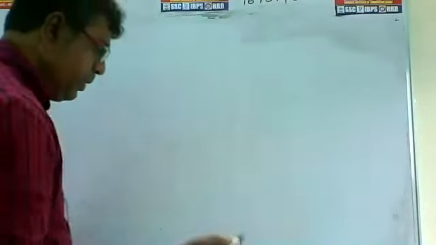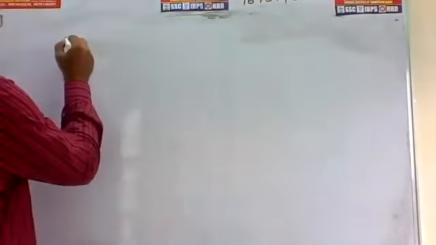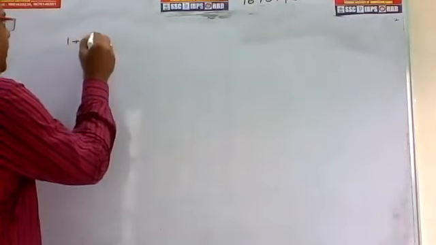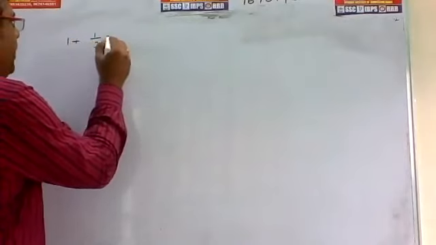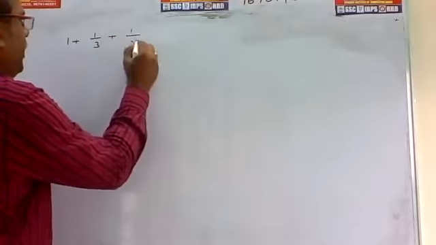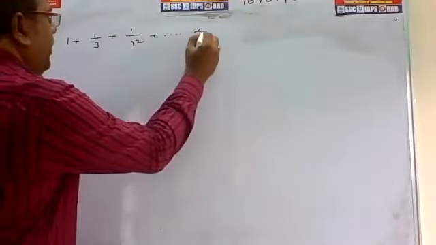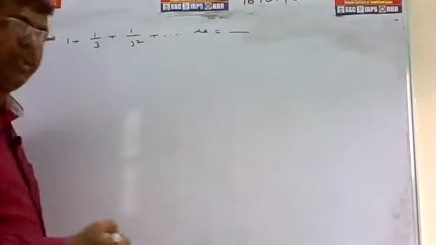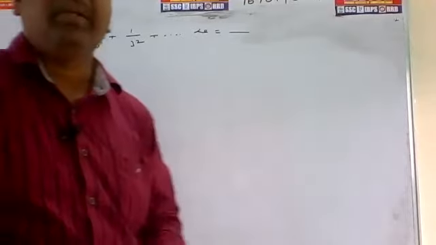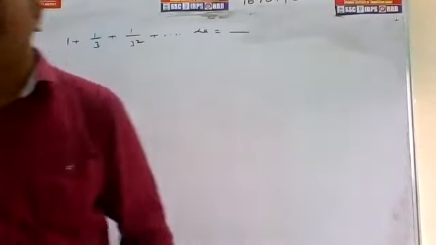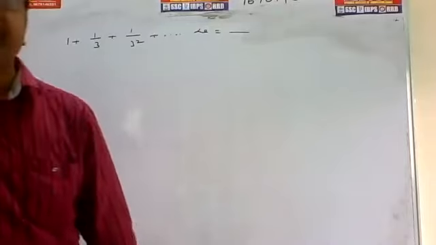Okay, write down this question: 1 plus 1 by 3 plus 1 by 3 square plus so on infinity is equal to dash. So we are continuing the topic progressions.